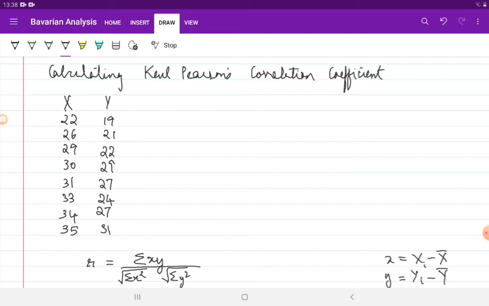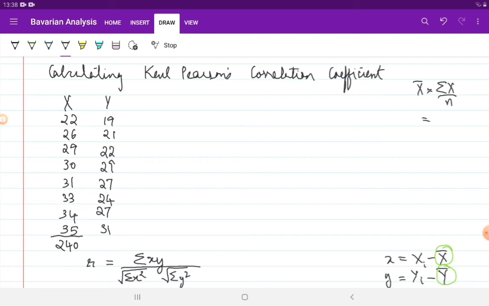So we need to first find the values of x bar and y bar. We know that x bar is equal to summation x divided by n, and the total sum of x comes up to be 240.